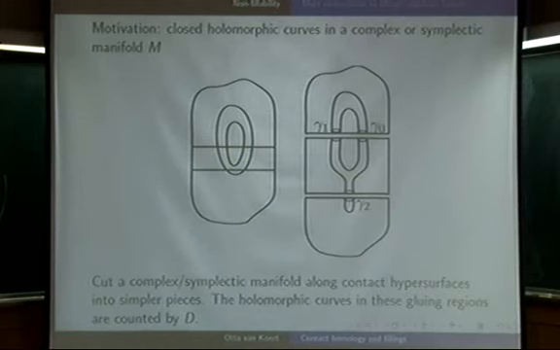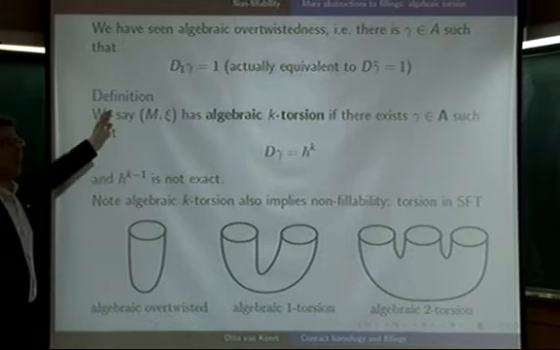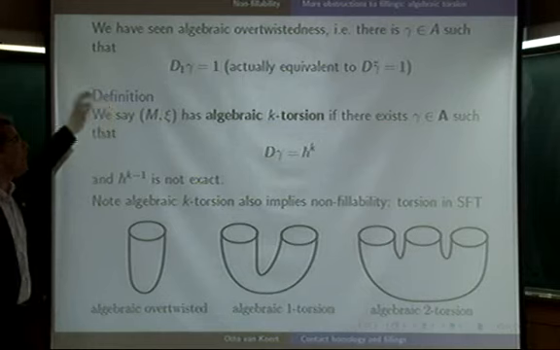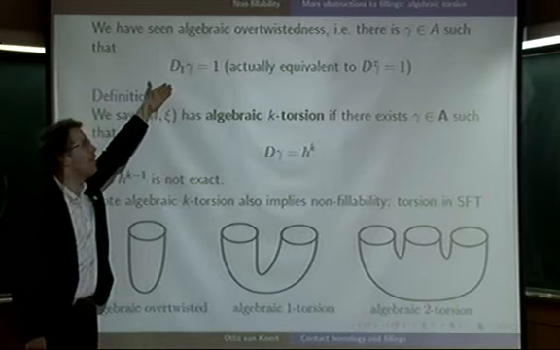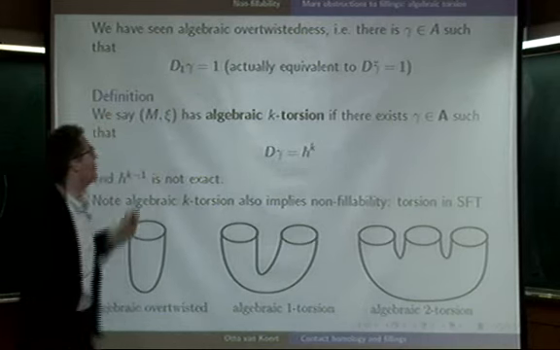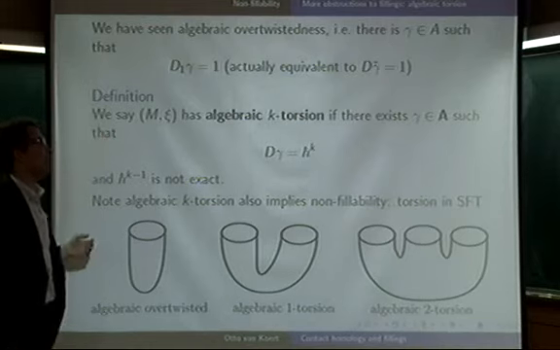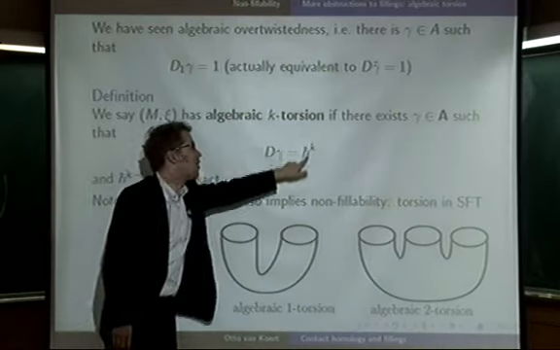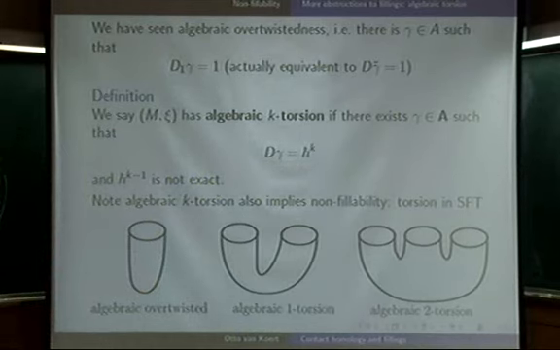So what does this have to do with fillings? We have seen this notion of algebraically overtwisted. If I reformulate it in this new language, it means that this D1, which is basically our old differential, is 1. And I define the notion of algebraic torsion if h bar to the k is exact, but h bar to the k minus 1 is not exact.